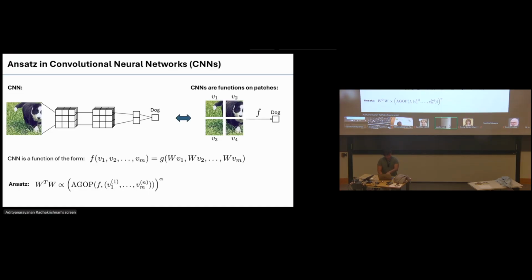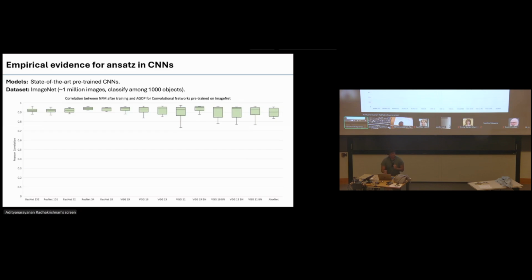And so when you have an ansatz like this, you can start to ask, what are the features that are learned on patches, and does this ansatz hold in realistic convolutional neural nets, things that I didn't train? So in fact, this is what we wanted to analyze. So what we did is we took state-of-the-art pre-trained convolutional nets as of 2016-17. These are all trained by industries, so things like ResNet is going to be trained by Microsoft. VGGs were a very popular model, and we have AlexNet as well.